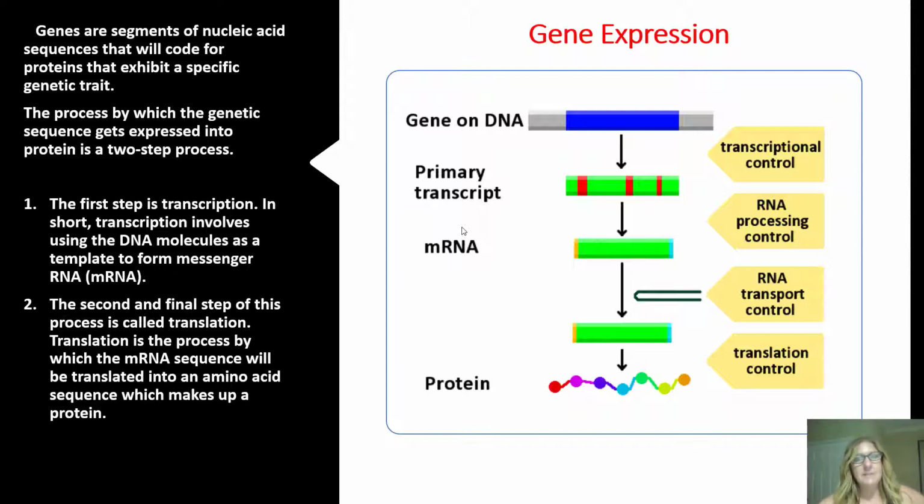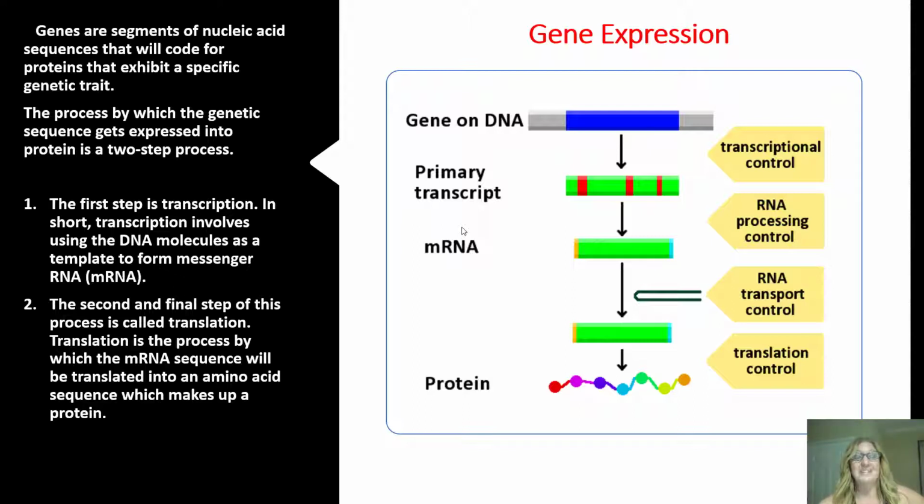So next, let's talk about the central dogma again of molecular biology and gene expression. So genes are segments of nucleic acids. These are sequences that code for proteins, and these proteins will end up exhibiting some specific function in the body or some physical trait or something like that.